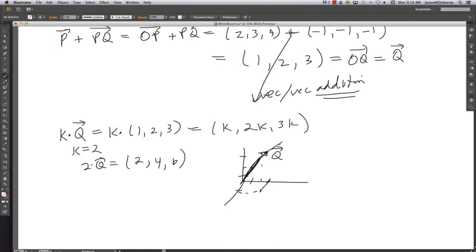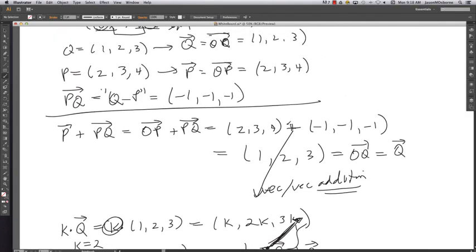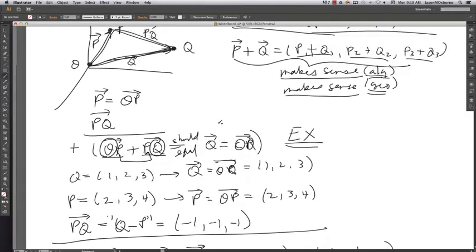Sorry if I can't draw a straight line. And then 2 times q has the effect of just lengthening. So here is 2q. So scalar multiplication just lengthens the vector by this number k. So that's it on your vector operations.